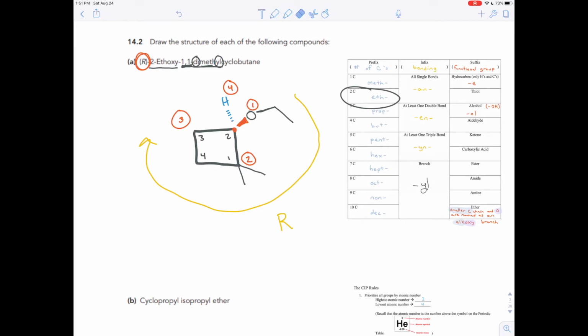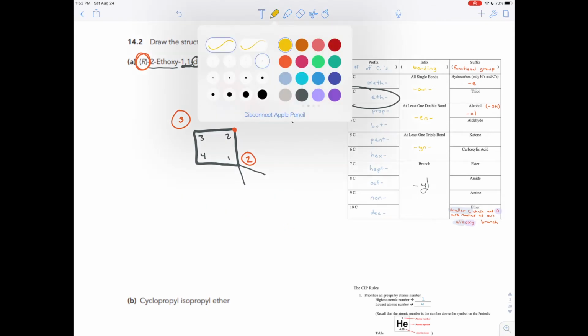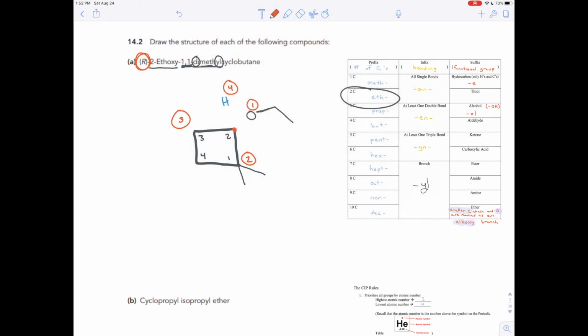Now that was just coincidence that I happened to get that on the first try. Let's say we had done it the other way. If we had tried out this first, we would have gone 1 to 2 to 3.